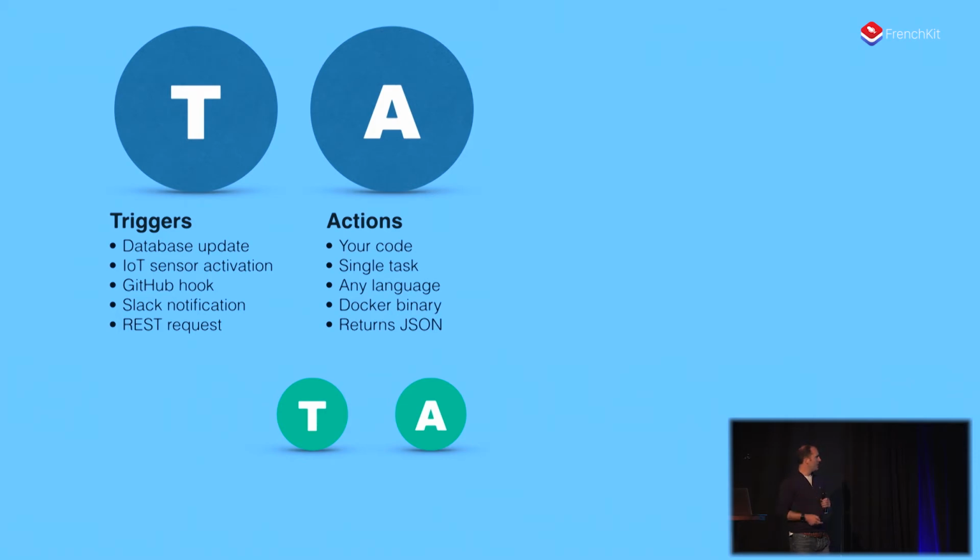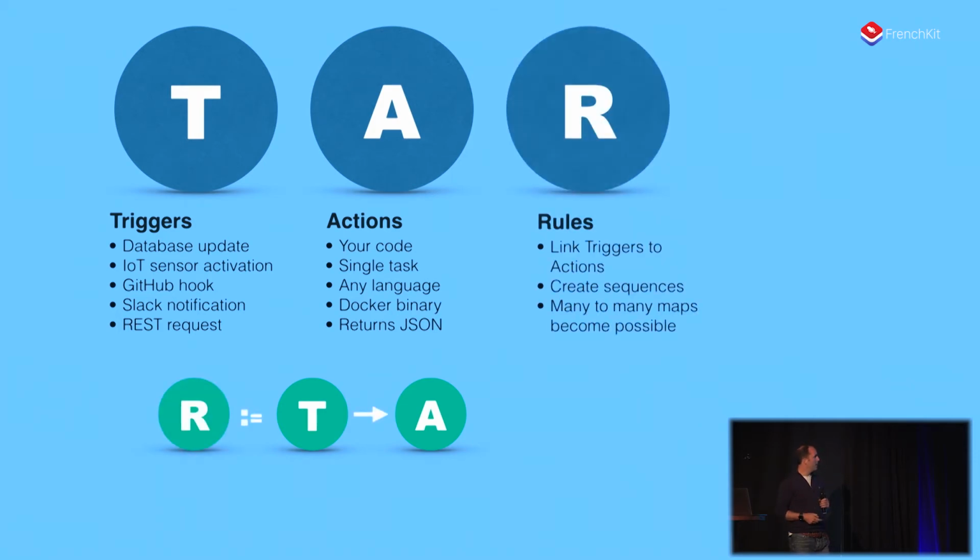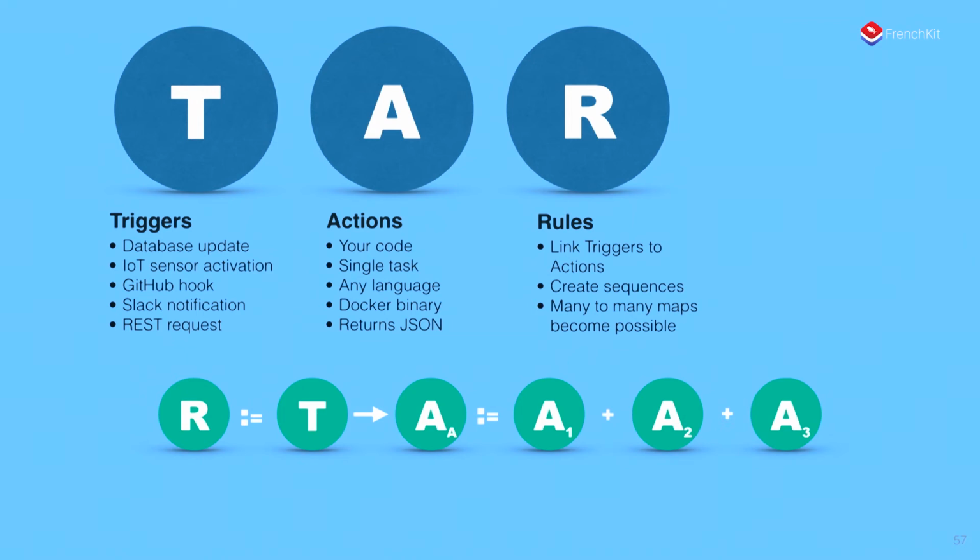So you have triggers and actions, and you have rules. And rules chain together triggers and actions. So you can say, when I get a REST request, I want to trigger this action. When there is a database update, I want to trigger this action. And actions are very simple. So what you can actually do is also have rules that say an action is composed of a whole number of other actions.